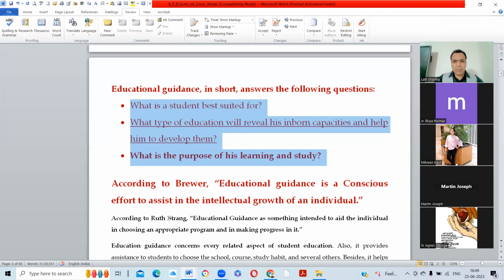What does the student want? No individuals are alike. Even twins are different. One set of parents gives birth to twins, but twins are different in attitude, aptitude, knowledge, liking, disliking, right?